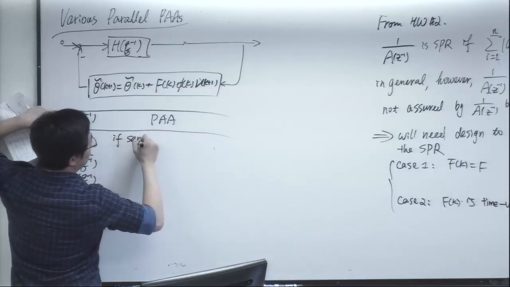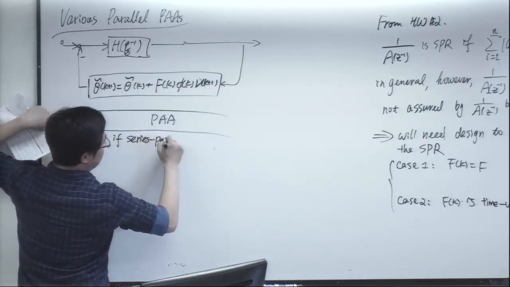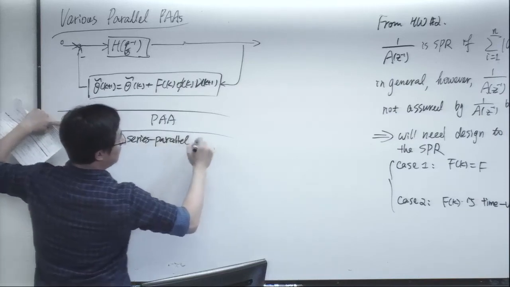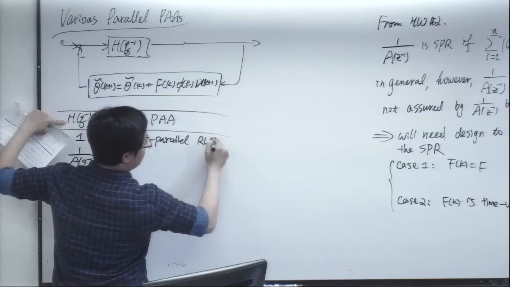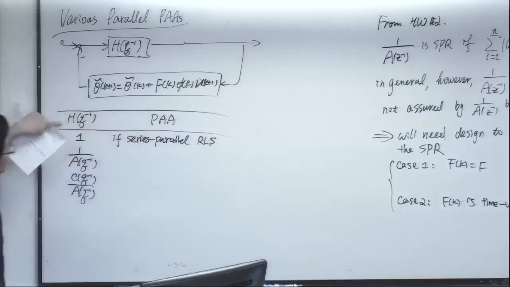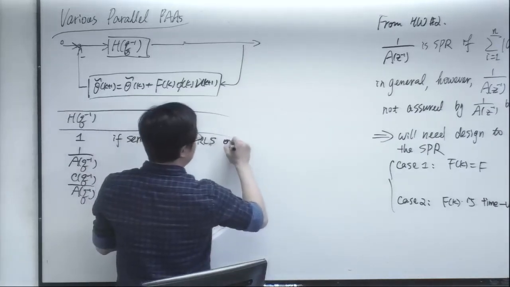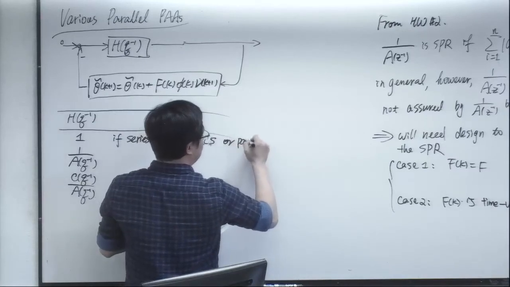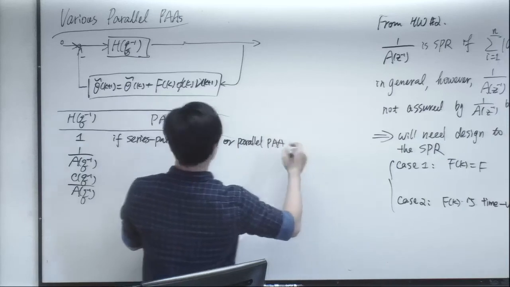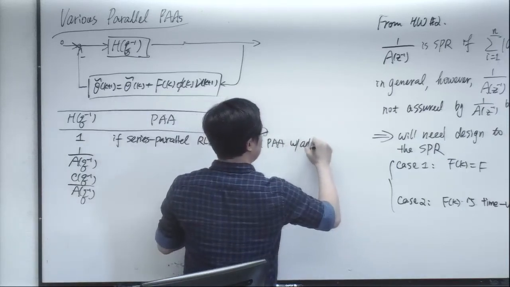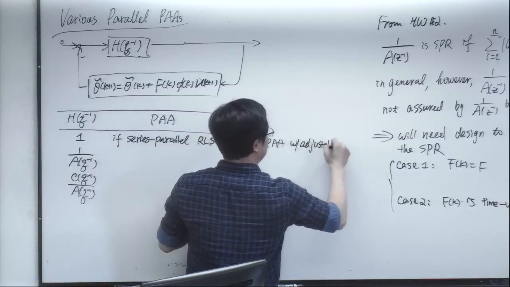And the different PAAs that correspond to these LTI blocks, different options: H is 1 if it's series parallel, our first PAA, recursive least squares, or it can be parallel with an adjustable compensator.